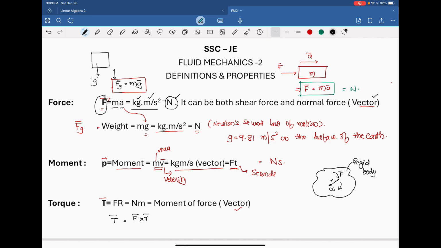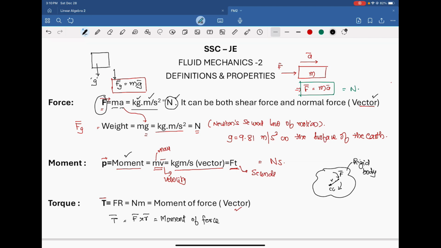Depending upon the direction of the force and the moment developed, it is also called the moment of the force. This moment is different from the momentum explained in P is equal to mv. This is different. It is the moment of force.